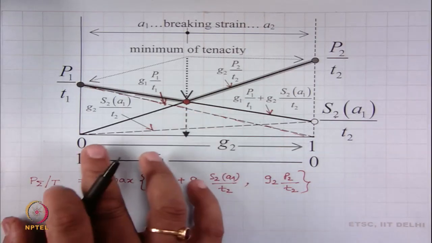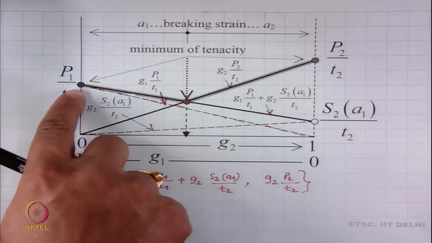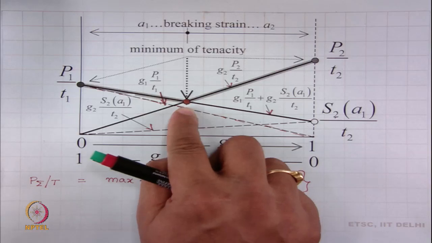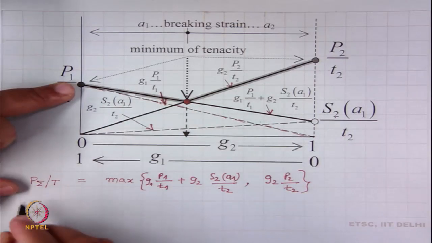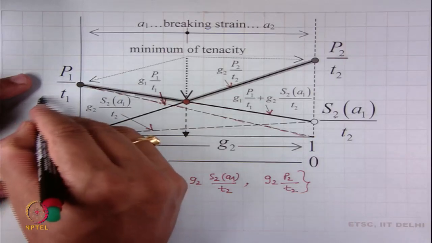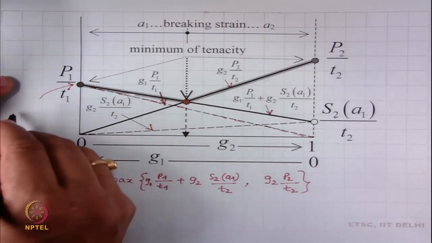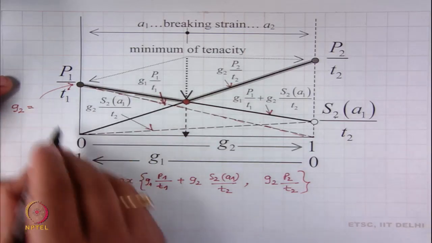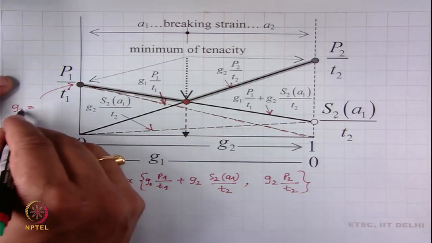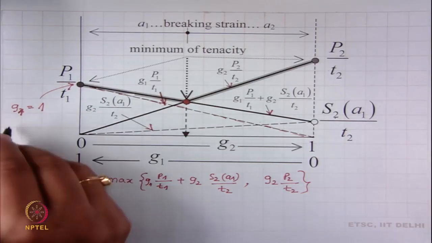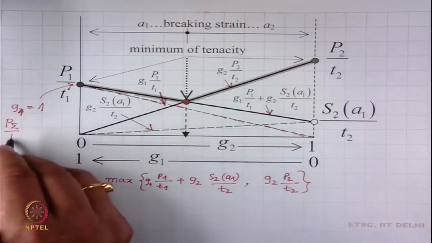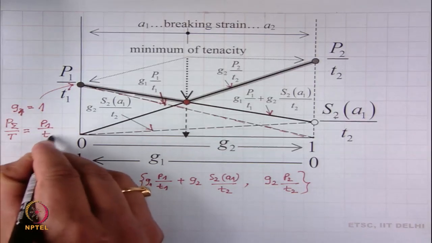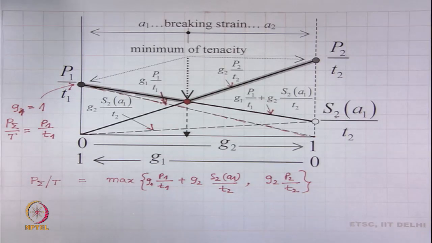So, what do we see? We see 3 important points. First is this point, second is this point, third is this point. This point is very crucial. Now, this first point can be obtained when G1 is equal to 1. So, in that case bundle tenacity will be P1 by T1.